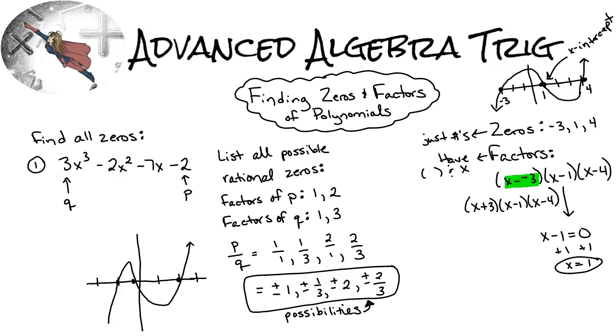So I could clearly see that it was crossing at 2, and that makes sense with our list of possibilities because 2 is one of them. And then I could also see that it was clearly crossing at -1, which almost also makes sense because see, -1 is on our list.